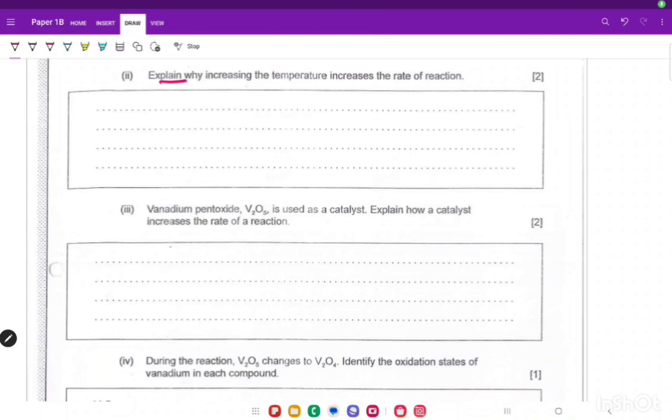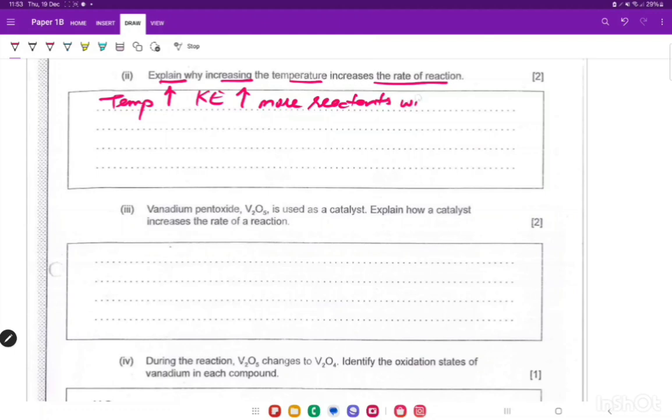Next is explain why increasing temperature increases the rate of reaction. When the temperature of a reaction is increased, the kinetic energy of the gas particles will increase. More of the reactant particles will have energy greater than activation energy.